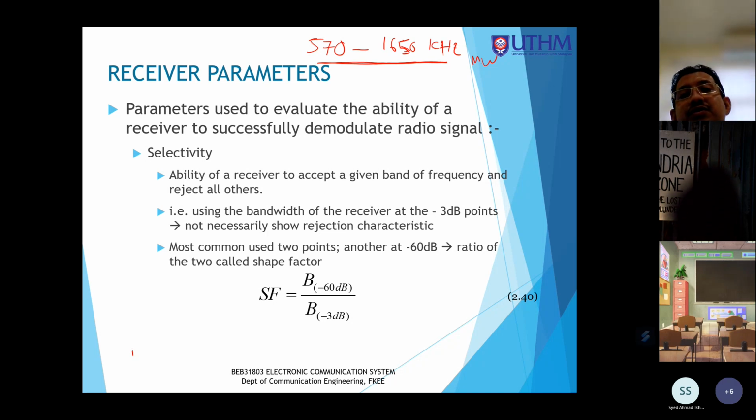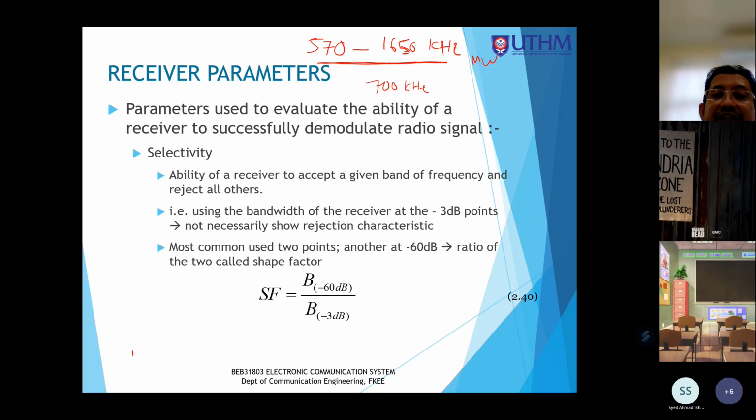Katalah saya nak dengar frekuensi contohnya 700 kHz, tak kira station apa. So I need to tune my radio, my tune circuit, supaya dia berada pada center 700 kHz.